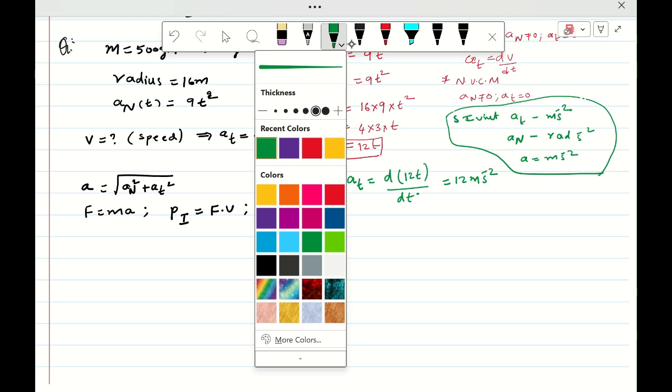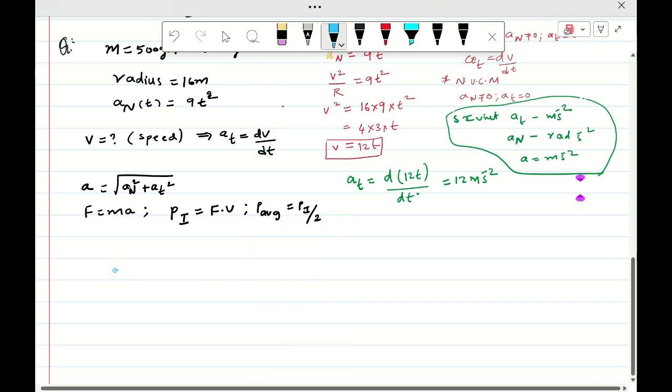The question is like this. A motor car traveling at 30 meters per second. So V is equal to 30 meters per second. It is traveling on a circular road with radius equal to 70.5 meters.